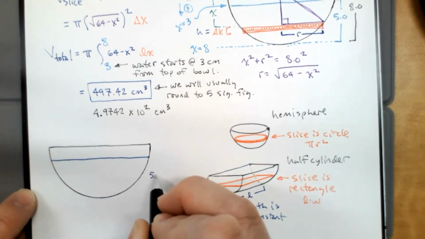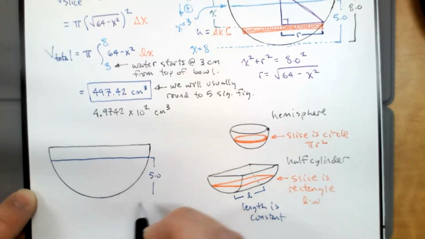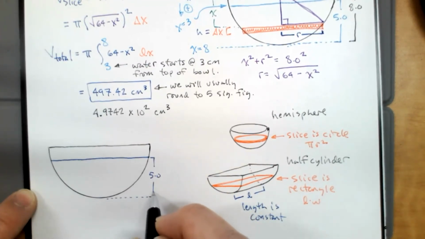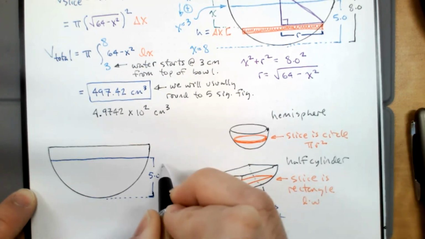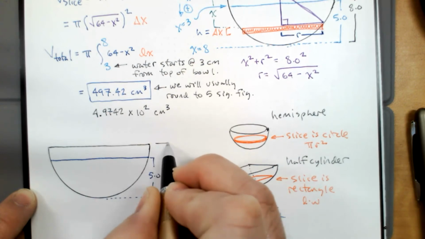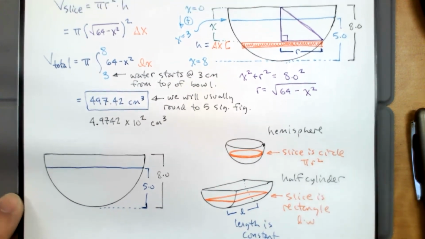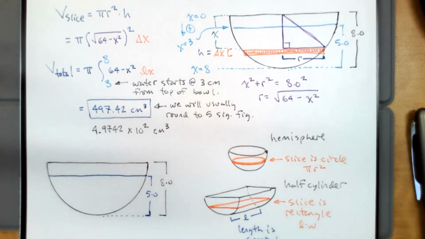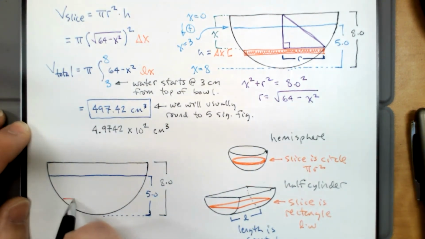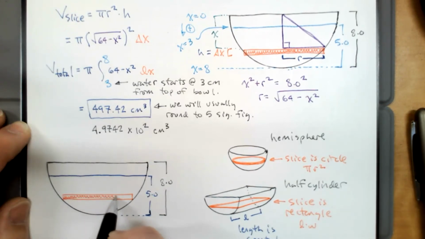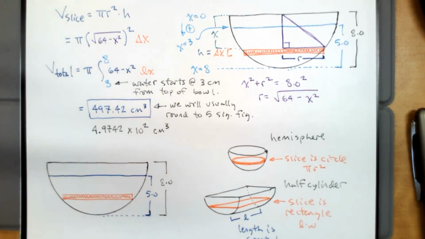So this is still 5. Depth of the water. Bowl is still 8. I'm still going to draw a horizontal slice of water. I'm going to use a different variable to differentiate it from, no, I'm going to use the same variable.